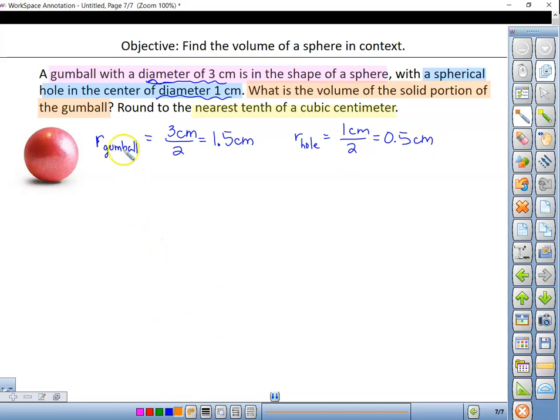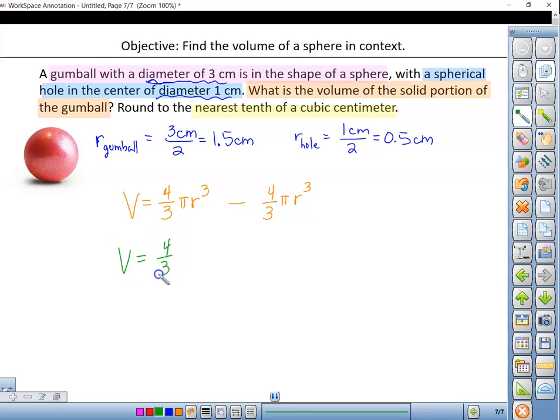So what we're going to do is figure out the volume of our gumball, which would be 4/3 times pi times the radius of the gumball cubed, and then subtract off the empty part, which is the hole inside. That would be a volume of 4/3 times pi times the radius of the hole cubed. So again, I would do this all at once so I get the most accurate answer. Saves time too.